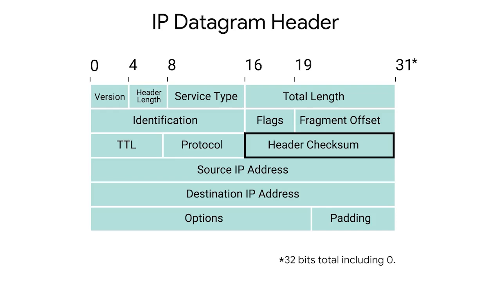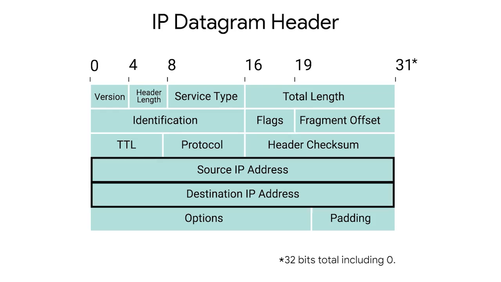Since the TTL field has to be recomputed at every router that a datagram touches, the checksum field necessarily changes too. After all of that, we finally get to 2 very important fields, the source and destination IP address fields. Remember that an IP address is a 32-bit number, so it should come as no surprise that these fields are each 32 bits long.